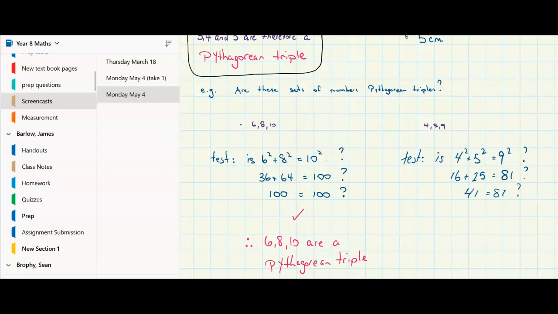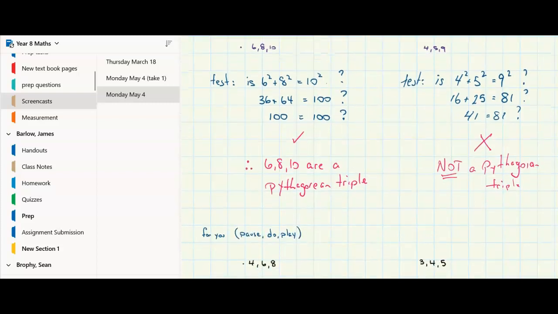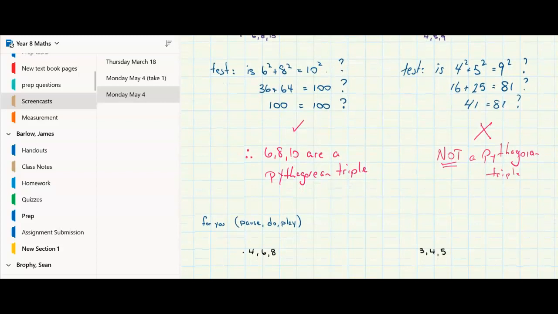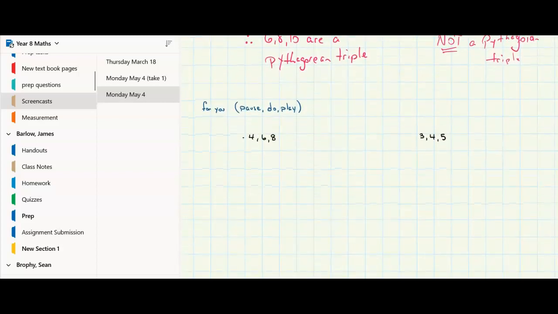This is not a Pythagorean triple. What does that mean? It means we can't make a right angle triangle out of the numbers 4, 5, and 9. That's impossible.